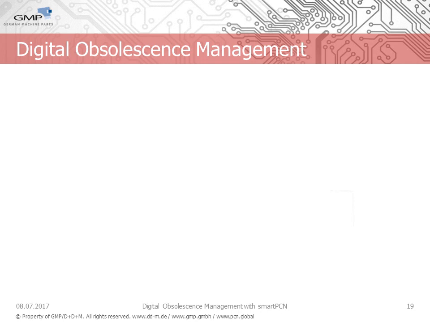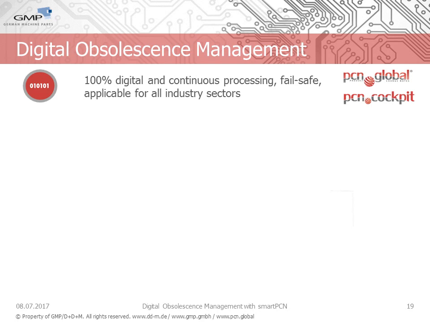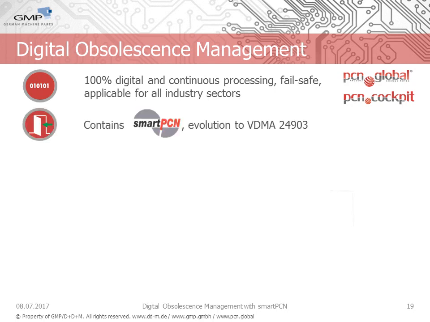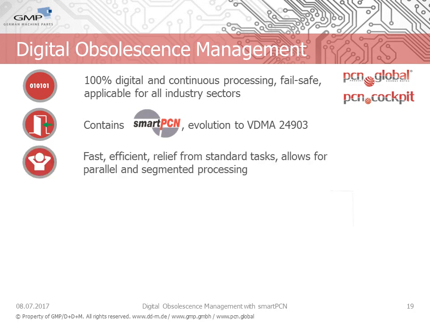When we talk about digital obsolescence management, we want to have it really 100% digital, without media breaks but with continuous processing with as few manual interactions as possible, and for all industry sectors, not just electronics. smartPCN and VDMA 24903 are the base for the exchange of machine-readable digital PCN.